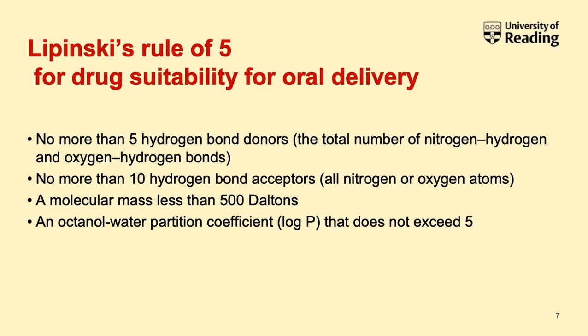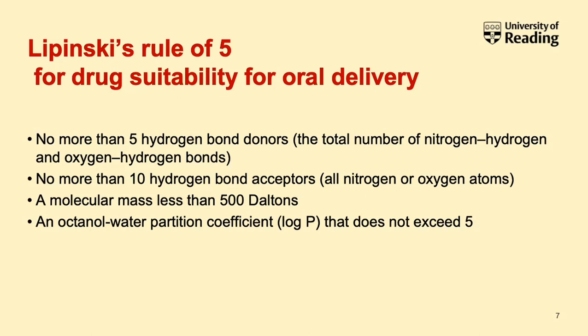If you have a log P of 5, then P, the partition coefficient, is actually 10 to the power of 5. So that means it's 100,000 times more soluble in the lipid environment than it is in the aqueous environment. If you go above that, you would be too hydrophobic.